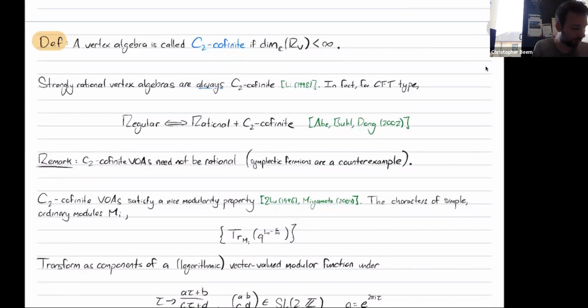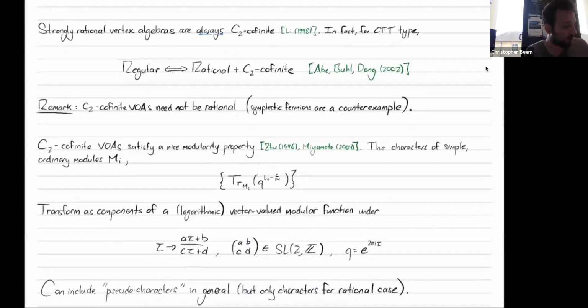And there are some results. In particular, if you have these strongly rational vertex algebras, which are one's favorite to work with because they basically behave like RCFT chiral algebras, those things are always C2 cofinite. This is a result from 1998 of Haisheng Li.